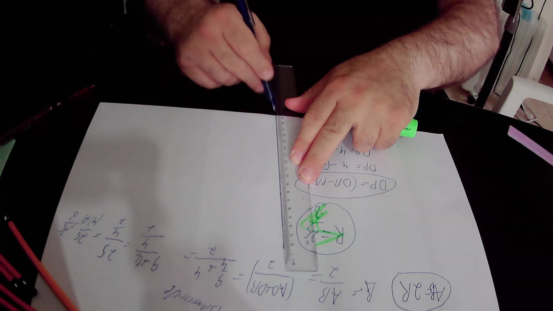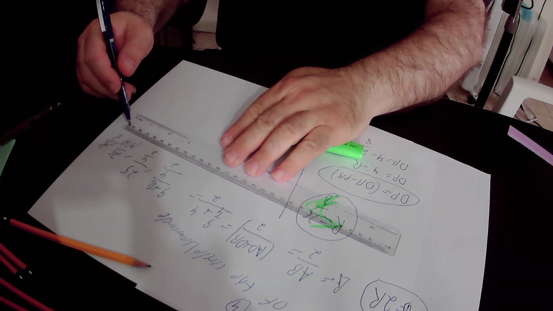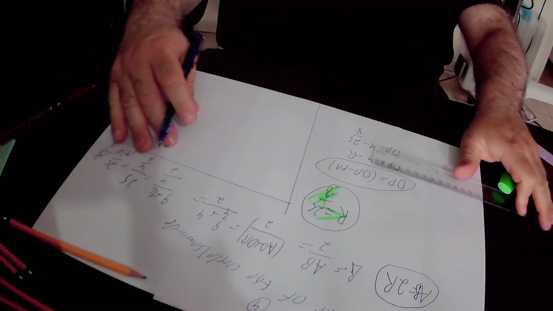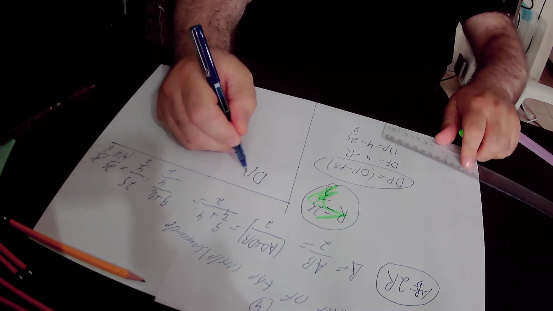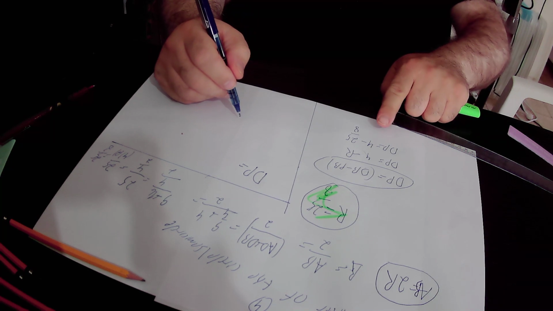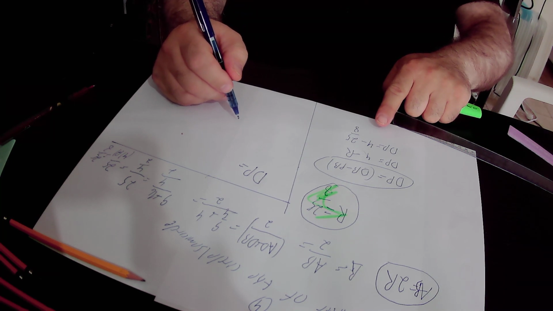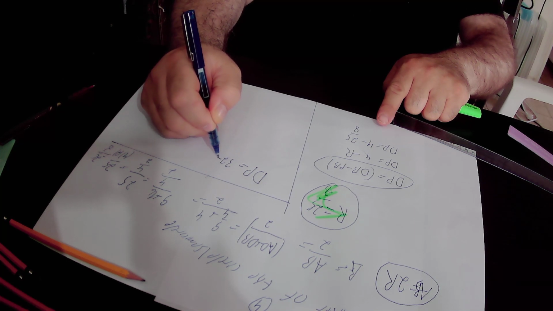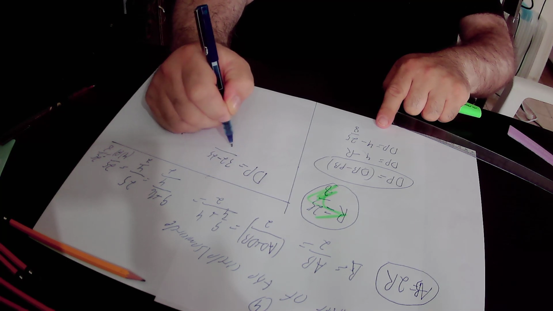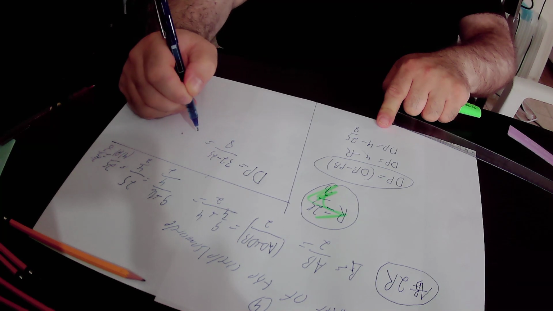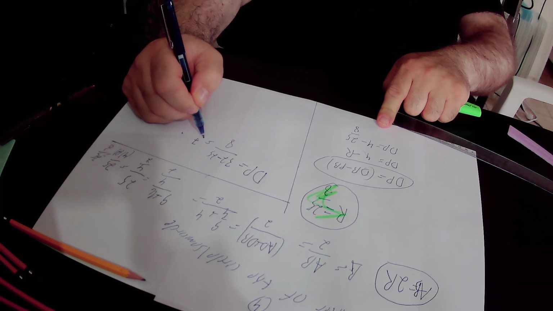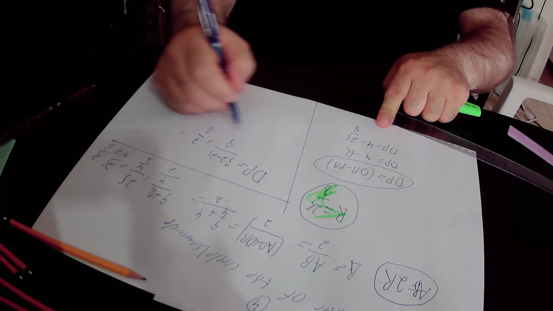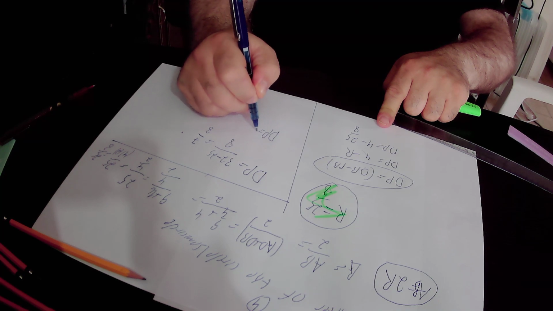And we will get that the length of the short line segment DP equals 4 times 8 is 32, minus 25, over 8. 32 minus 25 is 7. In conclusion, DP equals 7/8.